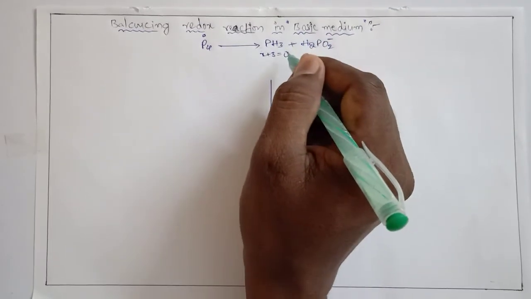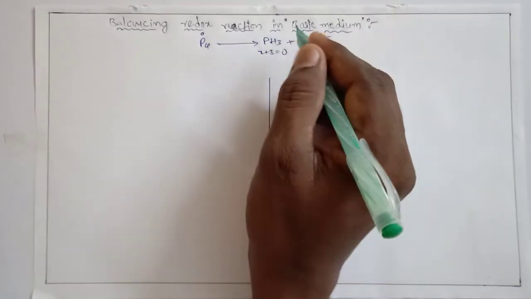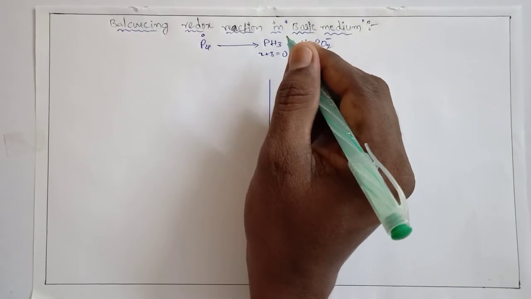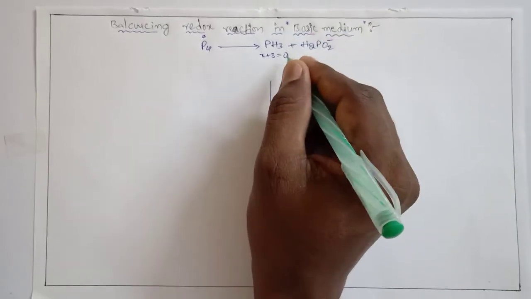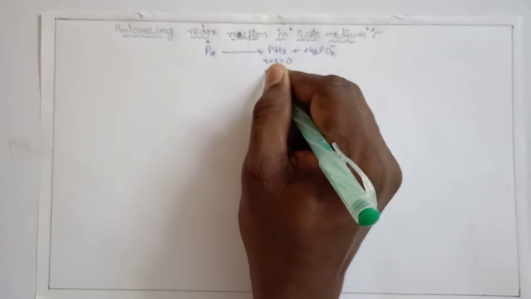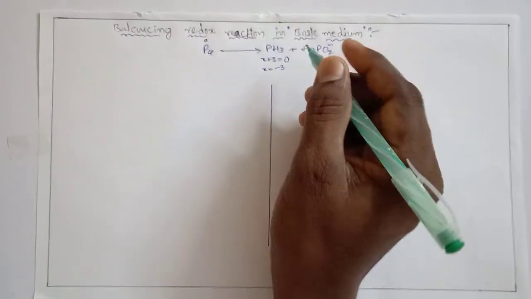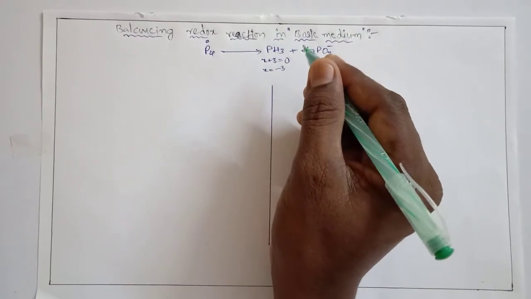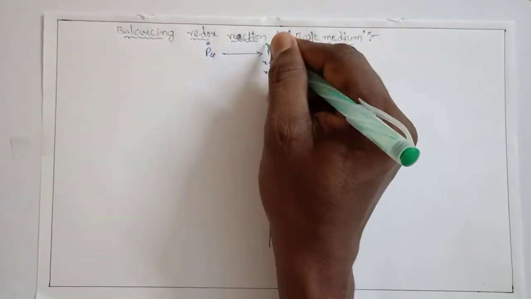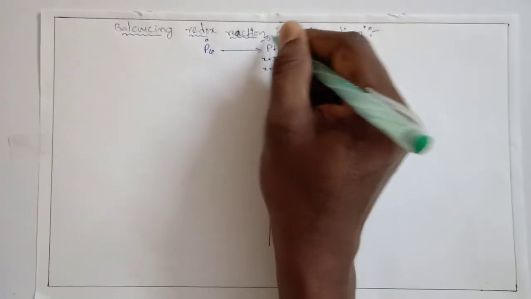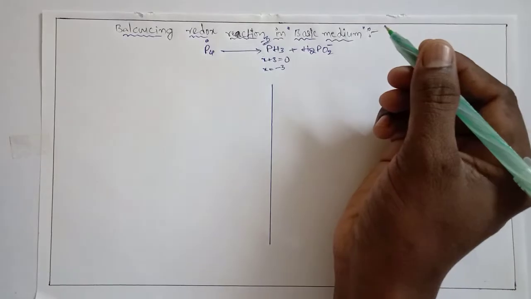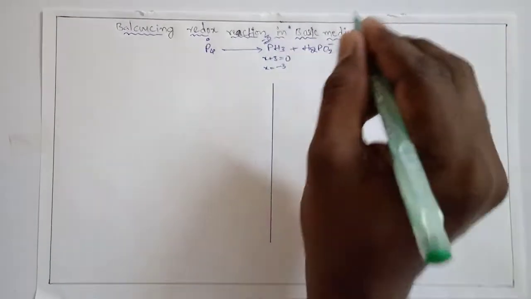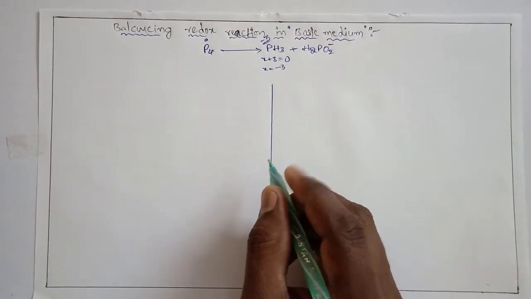Why am I taking 0 here? There is no charge on the molecule, so it equals 0. Now X equals -3. In PH3 the phosphorus oxidation number is -3.